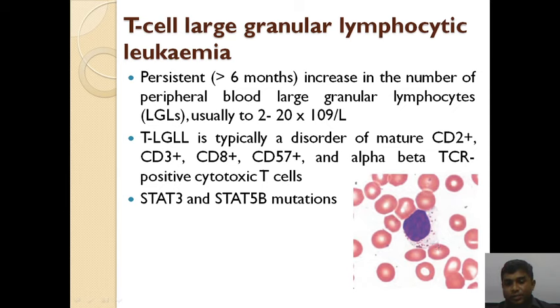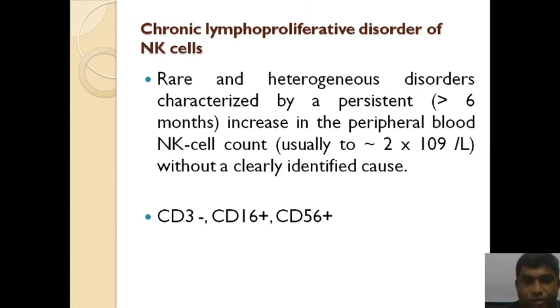A small proportion of lymphocytes are large lymphocytes, and a tumor arising from these large granular lymphocytes is T-cell large granular lymphocytic leukemia, which is defined as increased large granular lymphocytes in the blood, which is persistent and count more than 2000. Usually it can go up to 20,000, and it shows presence of T-cell markers CD2, 3 and 8 and is associated with STAT3 and STAT5 mutations.